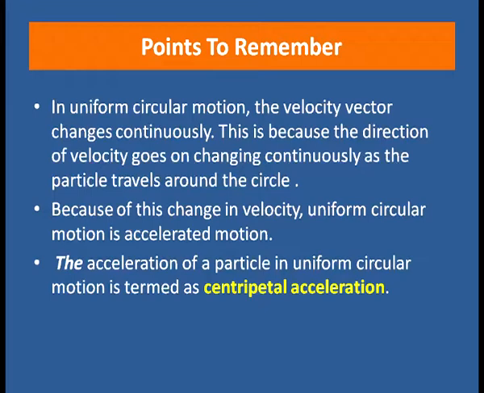In this circular motion, the direction of the velocity is changing, the magnitude remaining constant. Hence, we can say that uniform circular motion is an accelerated motion. And this acceleration of a particle in uniform circular motion is termed as centripetal acceleration.